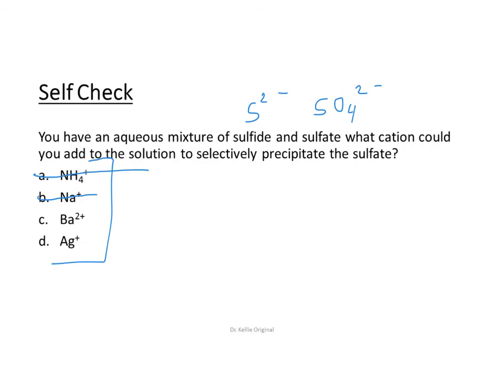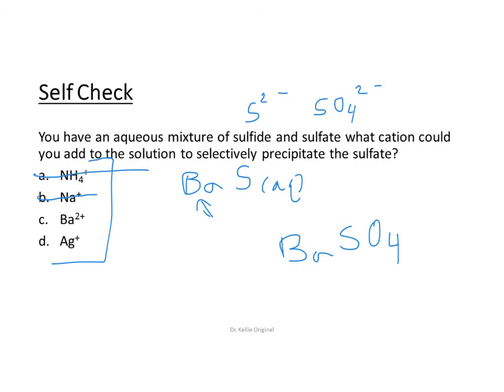Let's see. Barium is an exception to the sulfide rule, right? Anything that contains sulfide forms a solid except for barium. Barium's one of the few things that sulfide can bond with and allow it to remain aqueous. However, barium's also an exception to the sulfate rule.